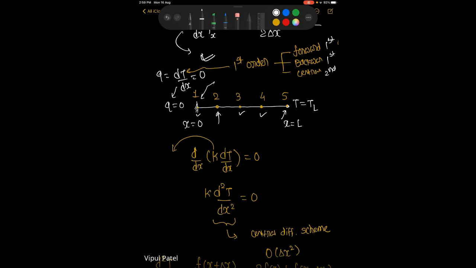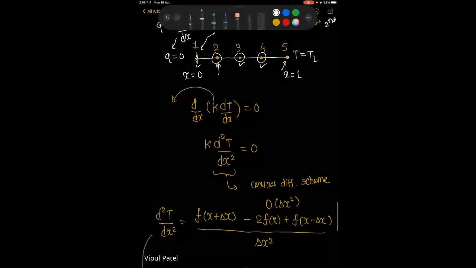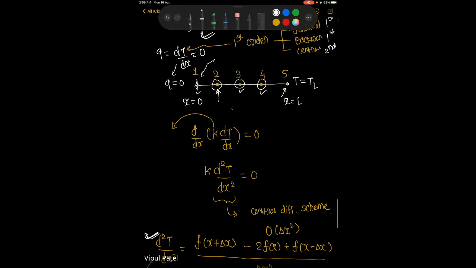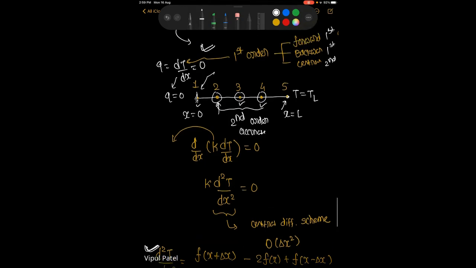Now for nodes number 2, 3, and 4, we are using this equation, which is second order accurate. That is a good part, that we are able to write an expression which is second order accurate. But when it comes to node number 1, we cannot use the central difference approximation because we don't have any node on the left hand side.